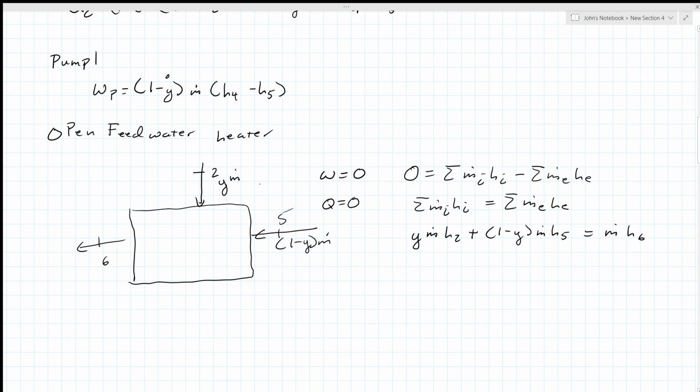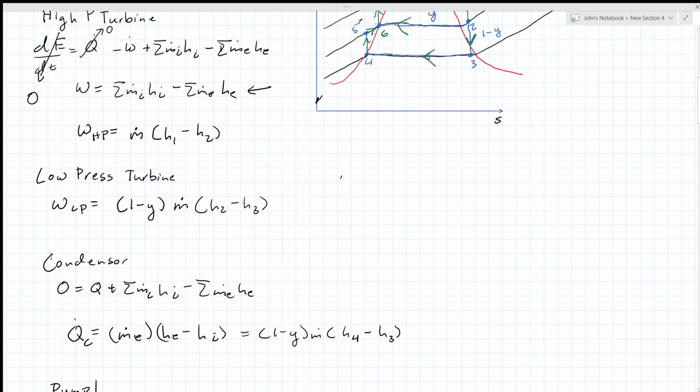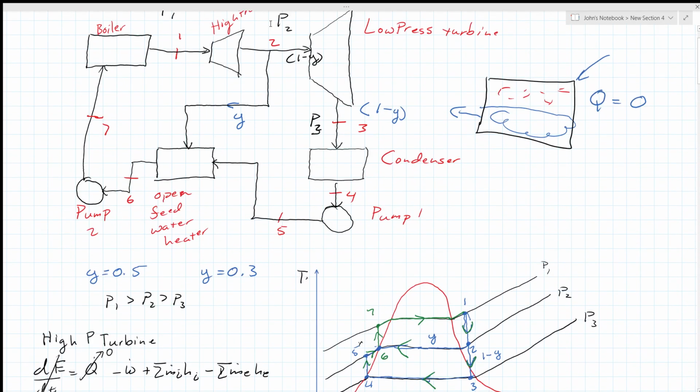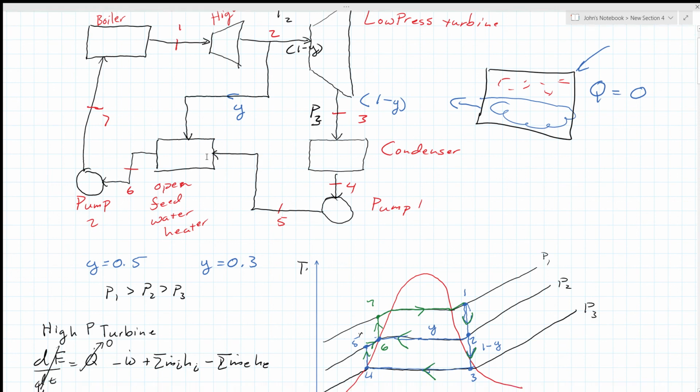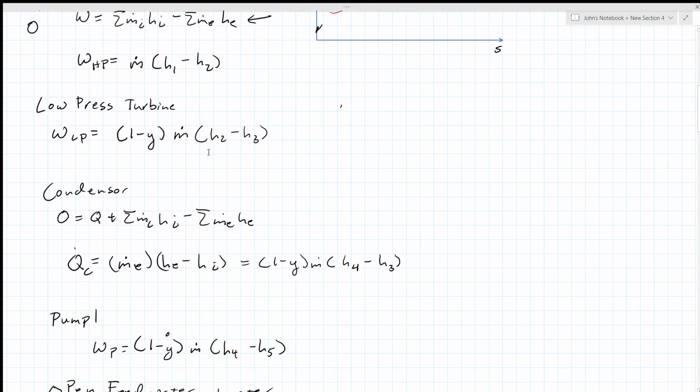If I have one exit, that means that is my mass flow rate, because this 6, if you recall, is the main pipeline that goes through the entire system. The masses were separated here at 2 and 5, and they come back together in the open feed water heater.